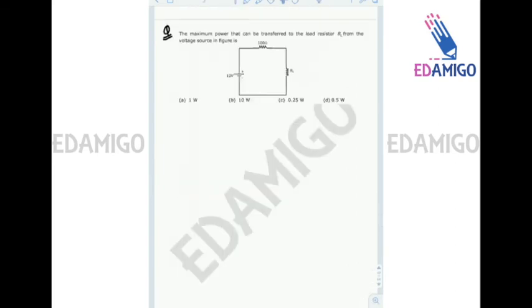So this is the next question. It's a very simple question. It is given a 10 volt voltage source, 100 ohm resistance and RL. Since for maximum power transfer the value of RL should be 100 ohms, Pmax will be I square into RL.